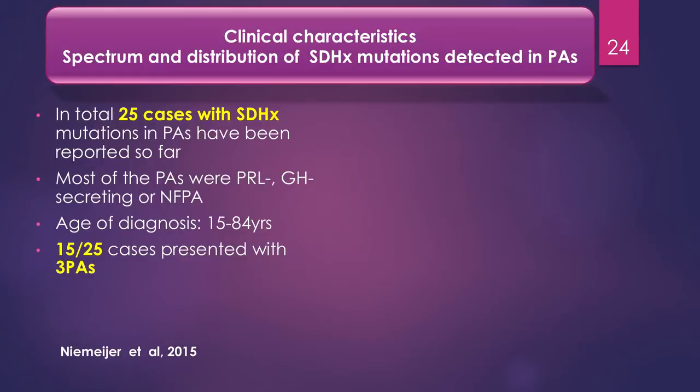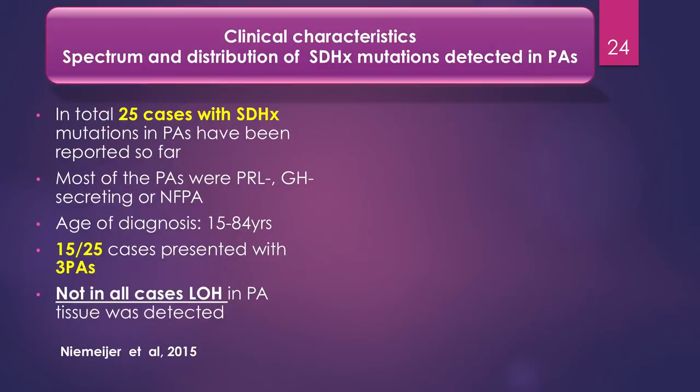The age of diagnosis varies, as you can see, from 15 years to 84 years. And 15 out of these 25 cases presented with 3PAS. But again, not in all cases LOH in the pituitary tissue was detected.